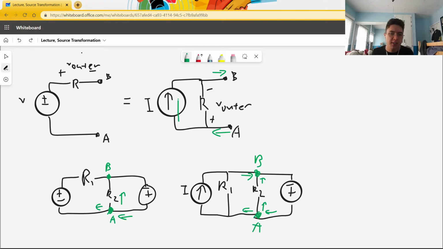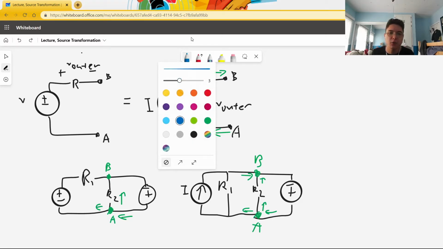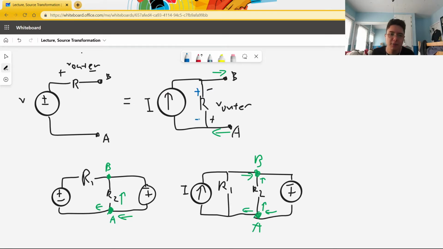If all the current that comes from I goes through R, that means that there is a voltage drop across R downward, which is equal to IR, because V equals IR. But we know that there is also a voltage rising in the upward direction from outside the circuit. That means that across this resistor, we get a voltage rise and a voltage drop in this direction.